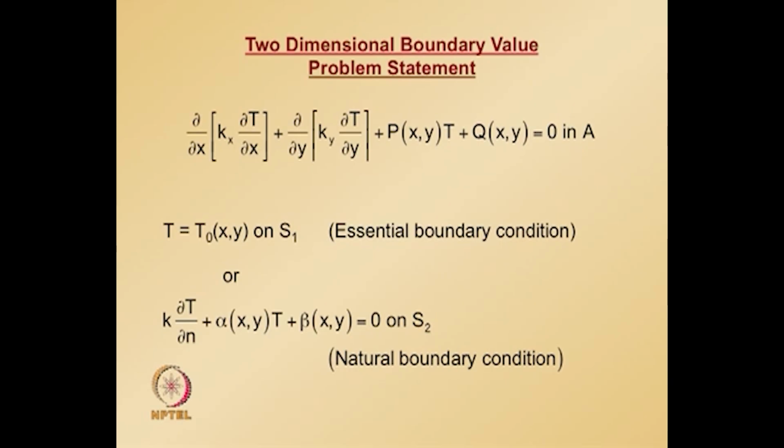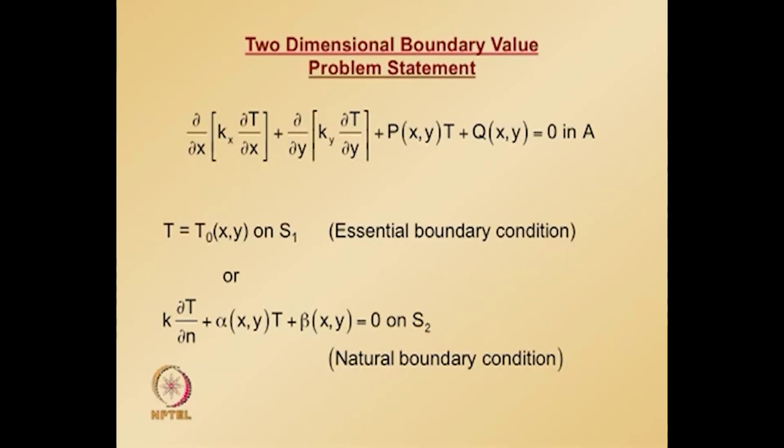We also looked at how to derive the element shape functions for a 3 node triangular element, and how to get the element equations using Galerkin criteria in conjunction with the 3 node element shape functions that we derived, and finally we got the element equations. So now let me quickly go through what we have done in the last class.